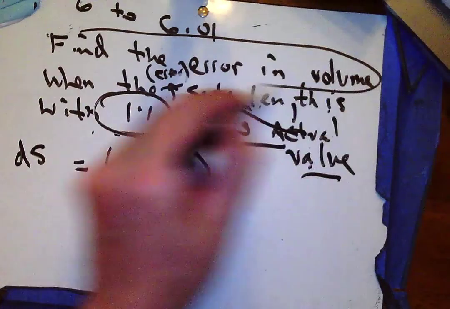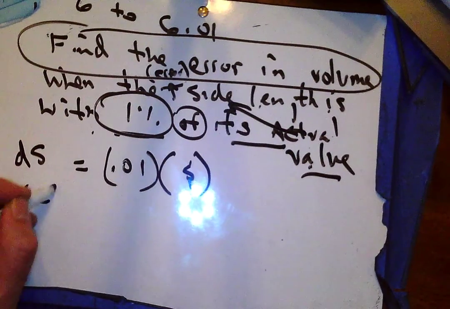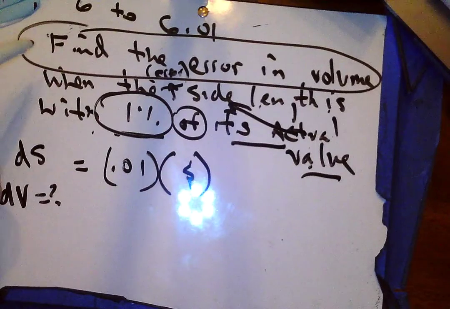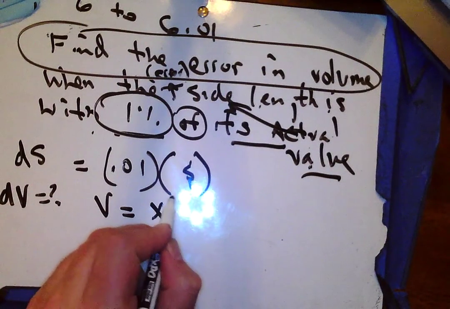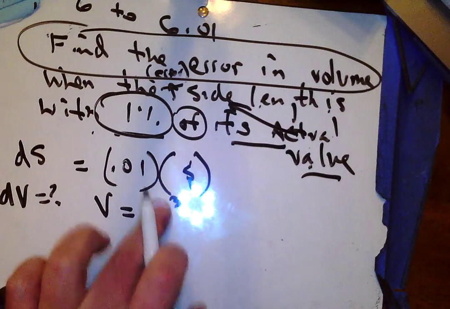Now, about that error in volume you were asking about. So we're looking for dV. We've been given some information about ds, and we've been told that this object is a cube. So let's think about that. We know that v equals s to the third. I'm using s, sorry.